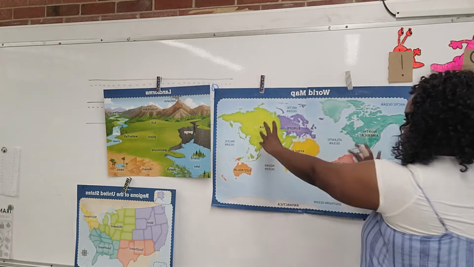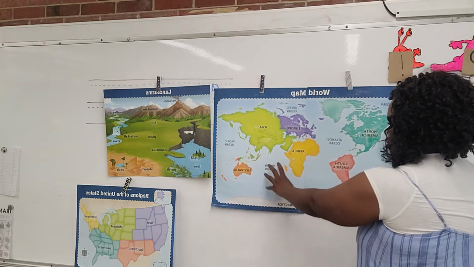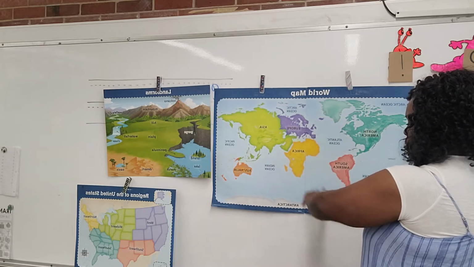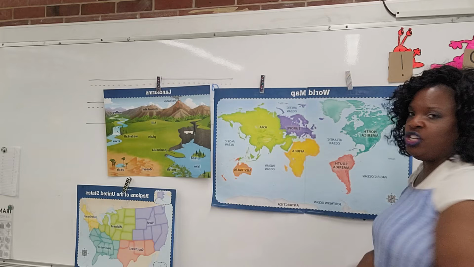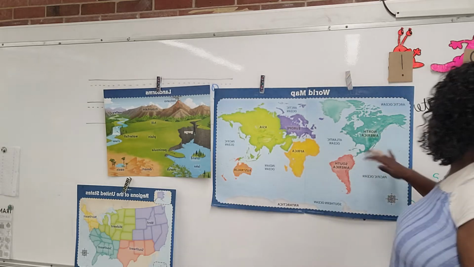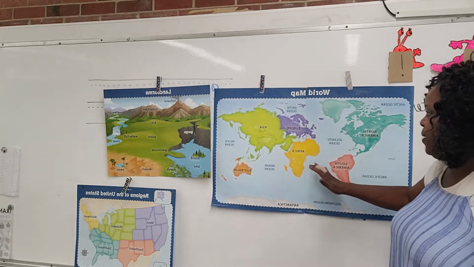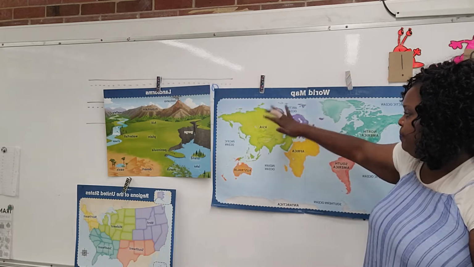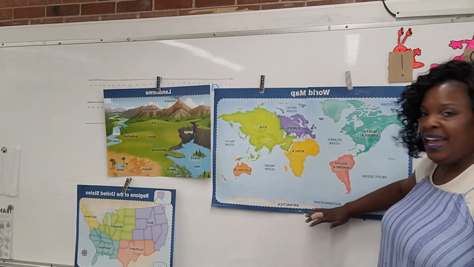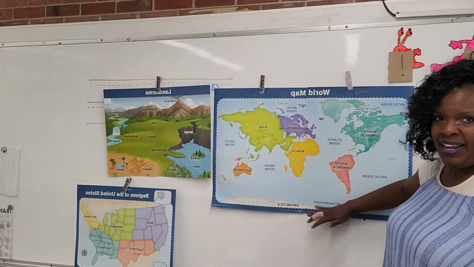And then we have our Indian Ocean, Atlantic Ocean is in between, and Southern Ocean and Arctic Ocean at the top, okay? So we could say Pacific Ocean, Atlantic Ocean, Arctic Ocean, Indian Ocean, and Southern Ocean, okay? Does that make sense?